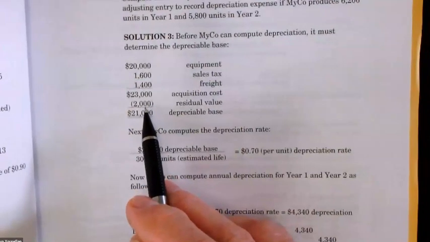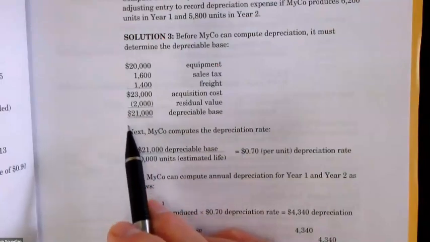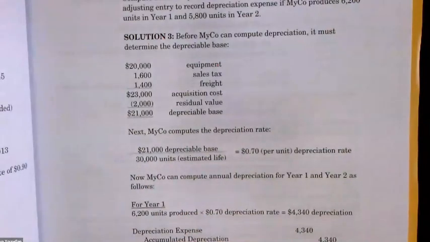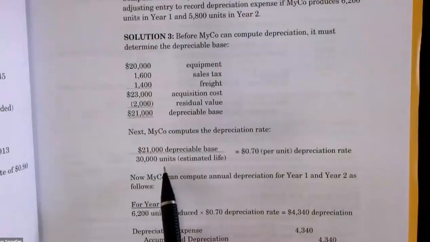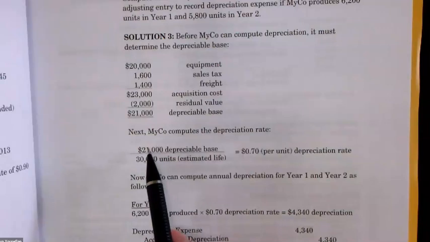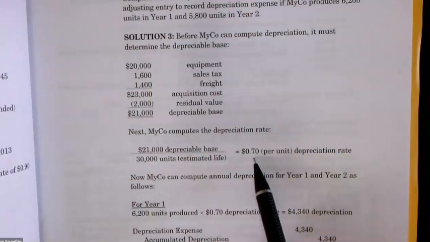We believe there might be an estimated $2,000 residual value, and the depreciable base is $21,000. We believe this machine will provide us 30,000 units of production. So 21,000 depreciable base divided by 30,000 units of production gives us a 70 cents per unit depreciation rate.